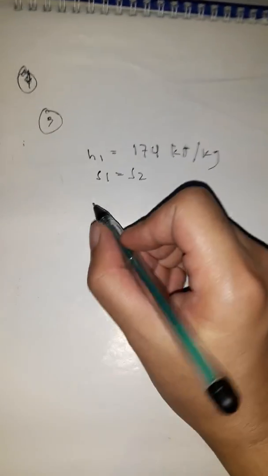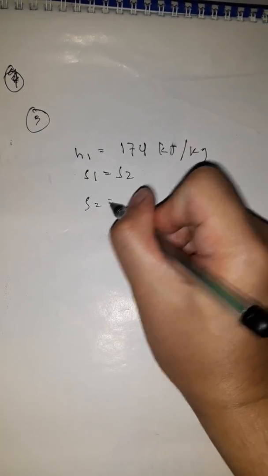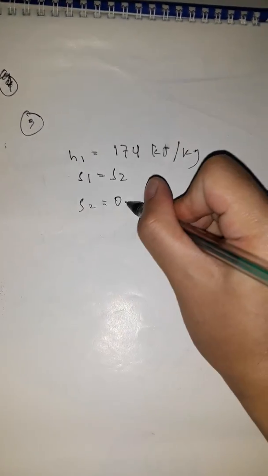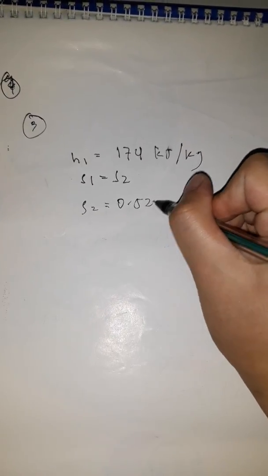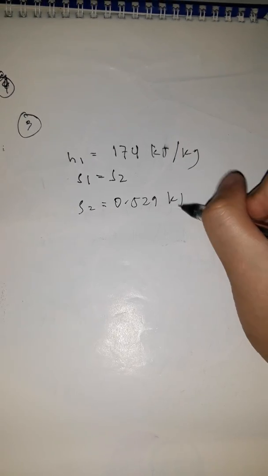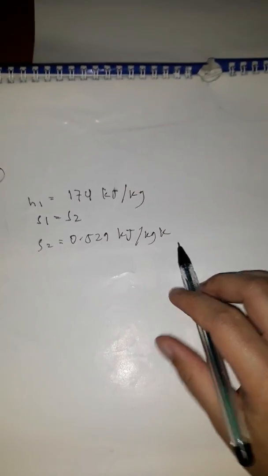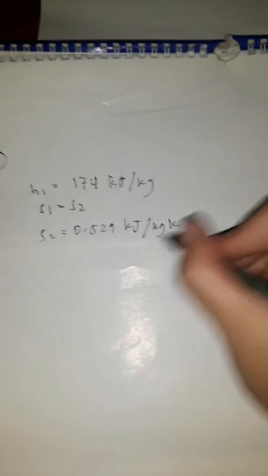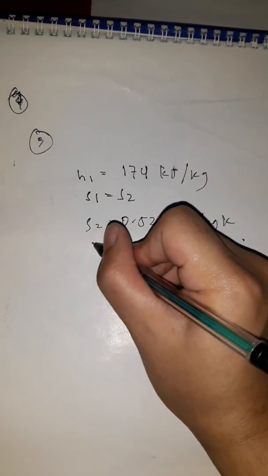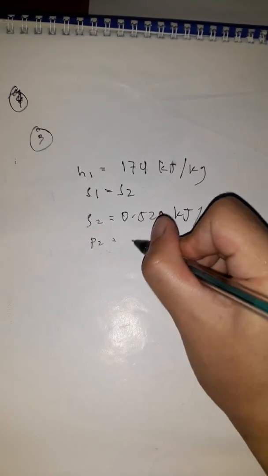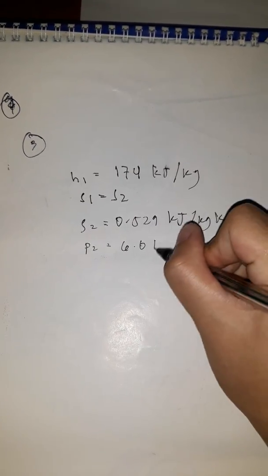For this entropy, S2 is equal to 0.529 kilojoules per kilogram Kelvin, and the pressure is 6.0 MPa.